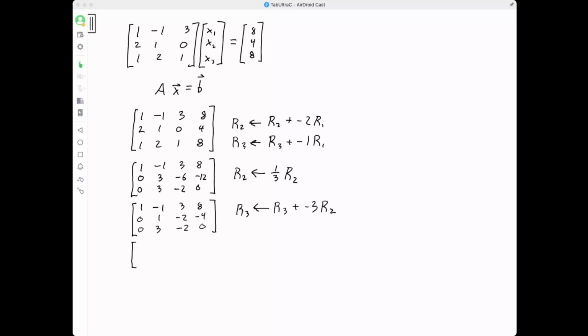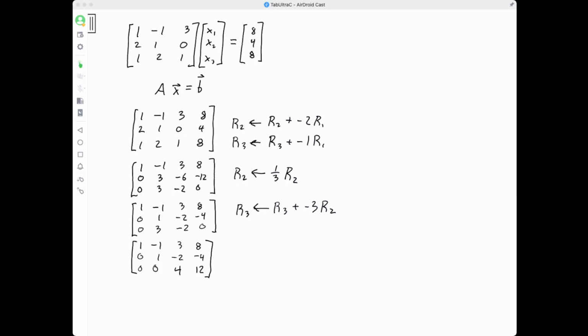When I do that, my first two rows stay the same. 1, -1, 3, 8, 0, 1, -2, -4. And my third row becomes 0. 3 plus a -3 is 0. -2 plus -2 times -3, well, -2 times -3 is 6, so -2 plus 6 is 4. And 0 plus a -3 times a -4 gives me 12.